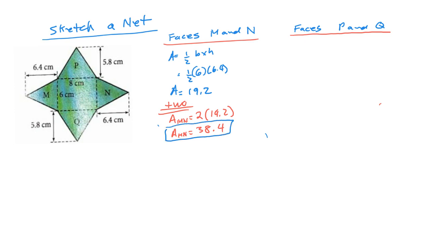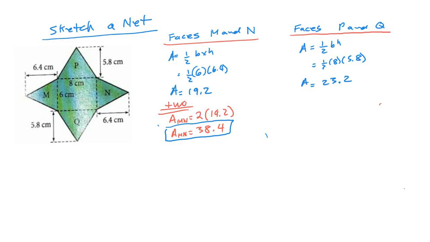Okay, now let's go over to the faces for P and Q. So the area is 1/2 a base of our triangle times the height, which gives us, well, 1/2 times 8 times 5.8, which gives us 23.2.